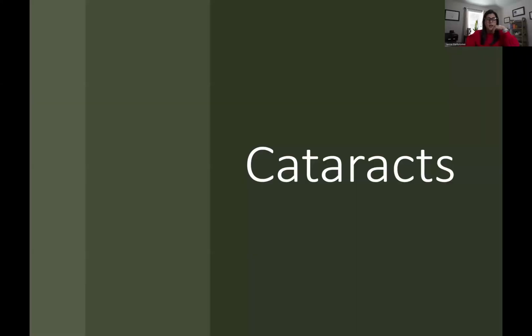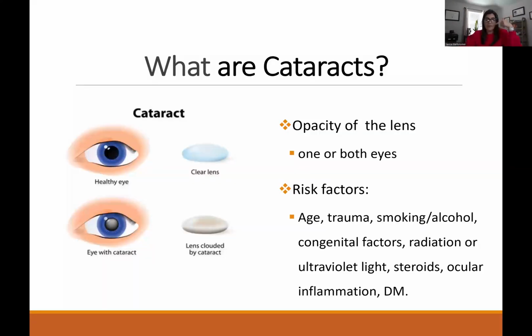Now, the next visual problem is cataracts. A cataract is when the lens inside your eye gets old and becomes opaque.